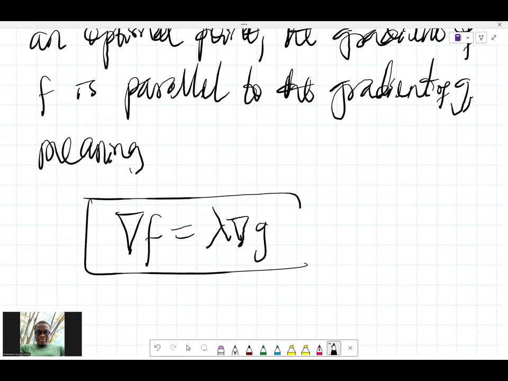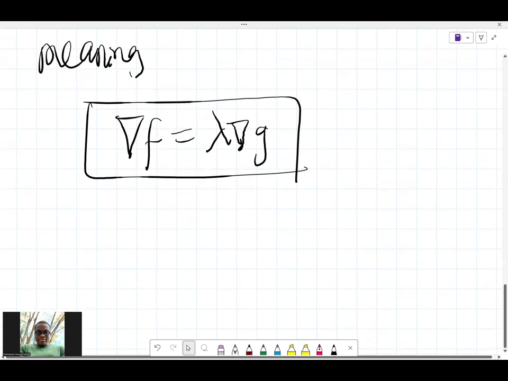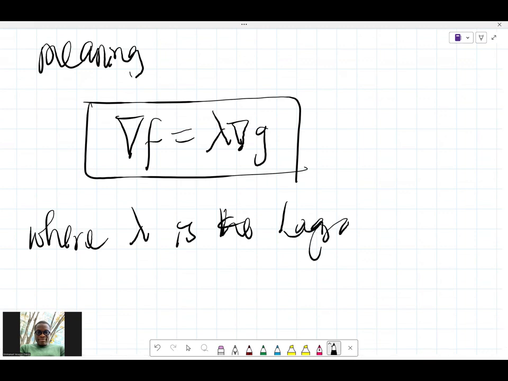This is the standard condition here, where lambda is the Lagrange multiplier.